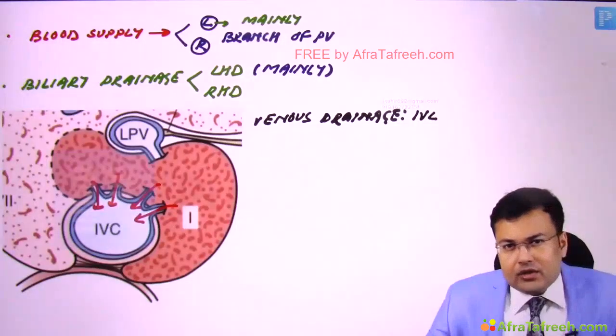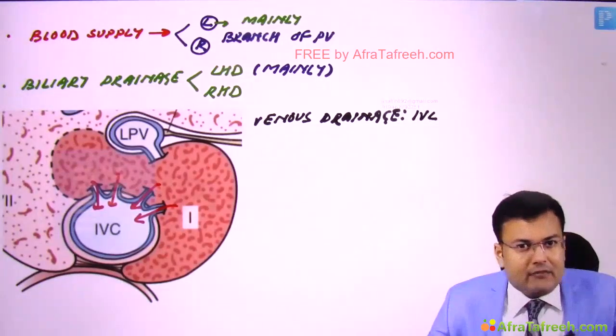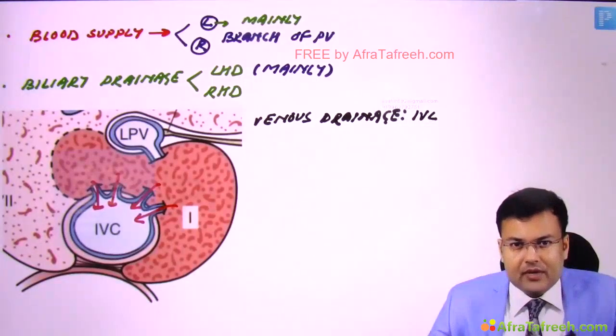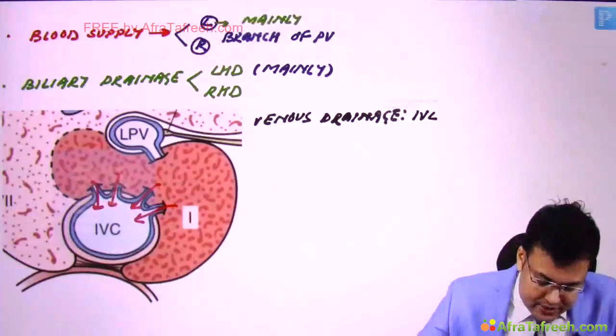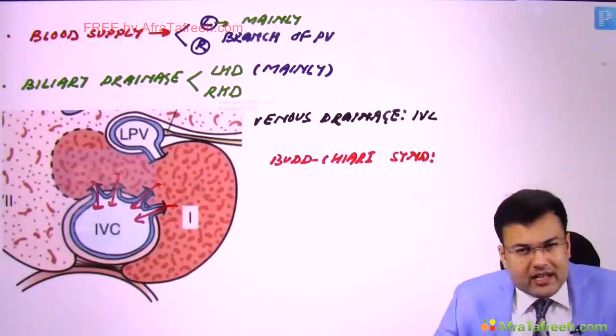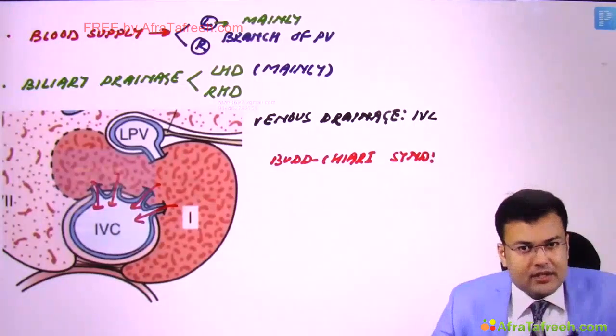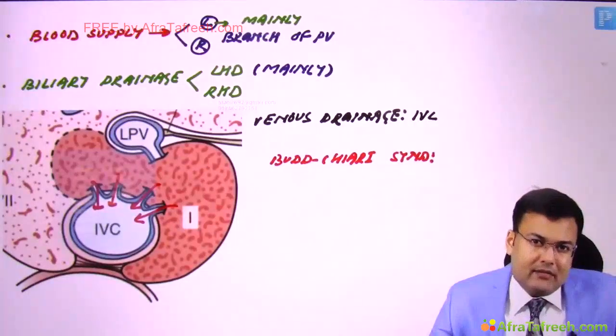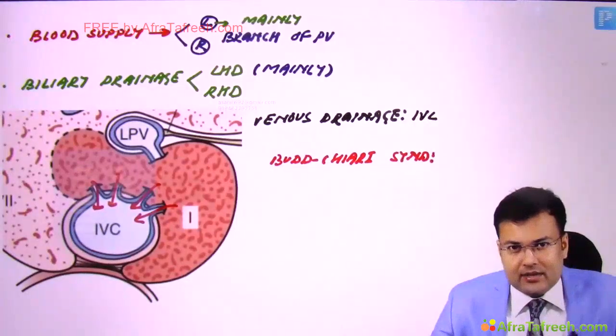Now see, because of these unique properties, there are certain advantages and certain disadvantages. Now see the first advantage. You must be knowing Budd-Chiari syndrome. What happens in Budd-Chiari syndrome? It is characterized by hepatic venous outflow obstruction, and it can be because of hepatic vein thrombosis or IVC obstruction.